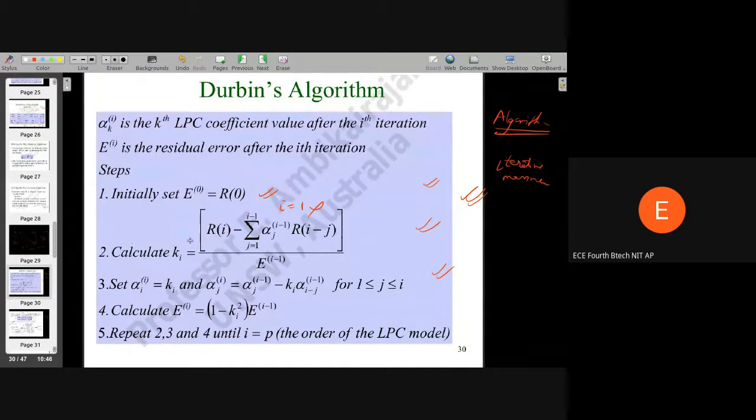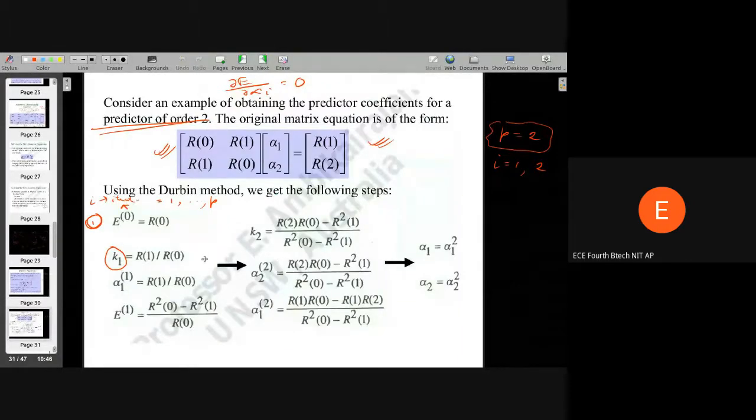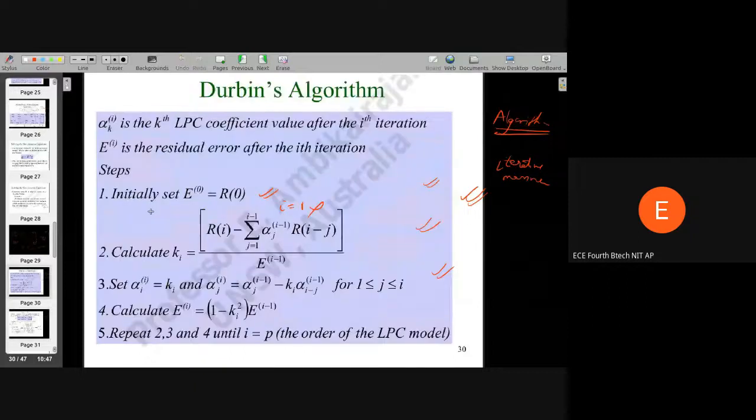So K1 will become R1 divided by E0, and E0 means R0 in our case. Now next, alpha 1 for the first iteration.